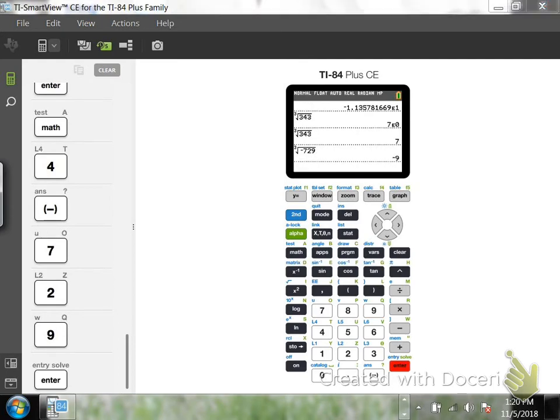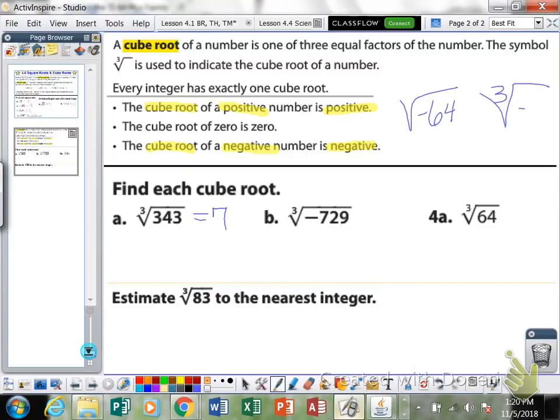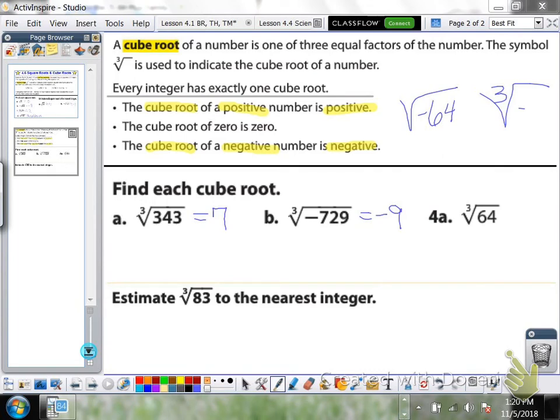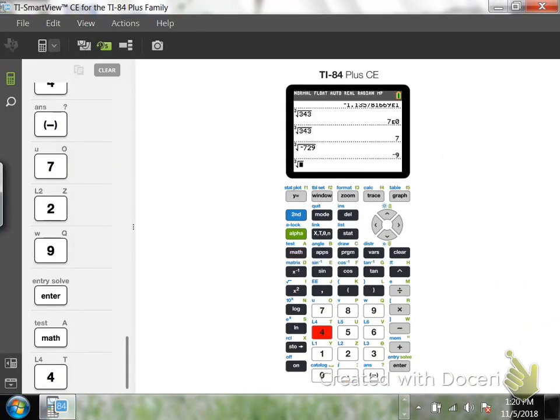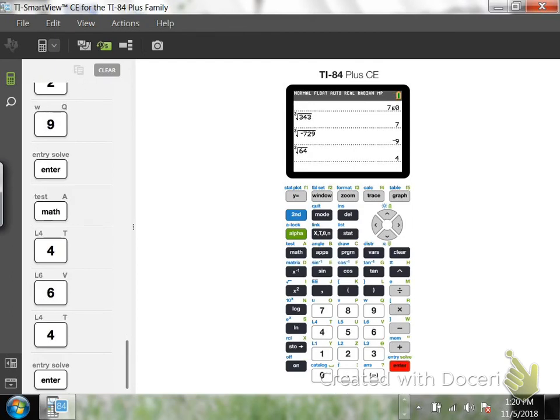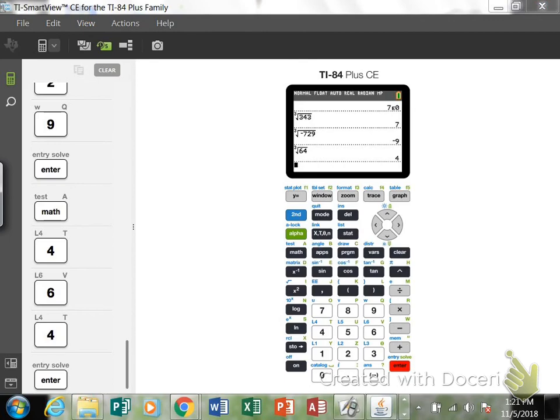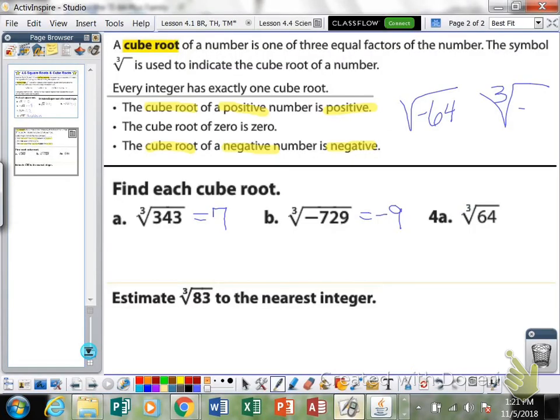And then the cube root of 64. So we go back to our calculator, and we go math, cube root, 64, enter, and we get positive 4.